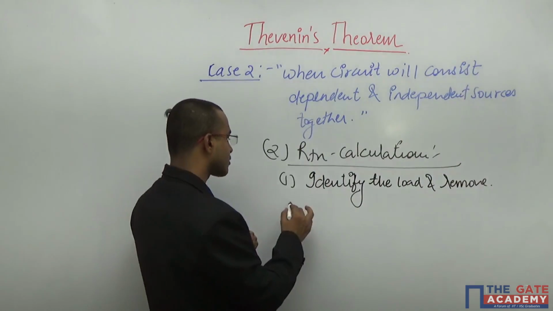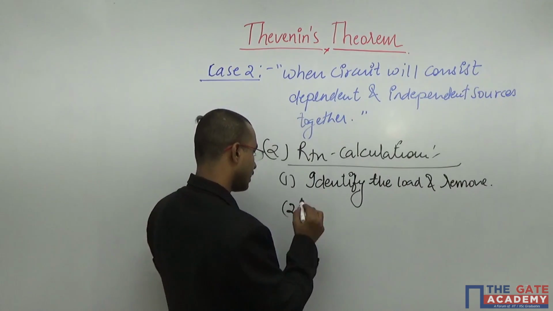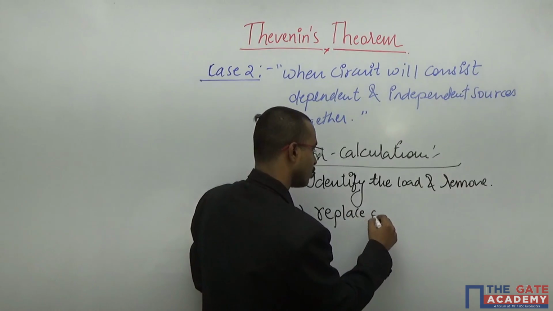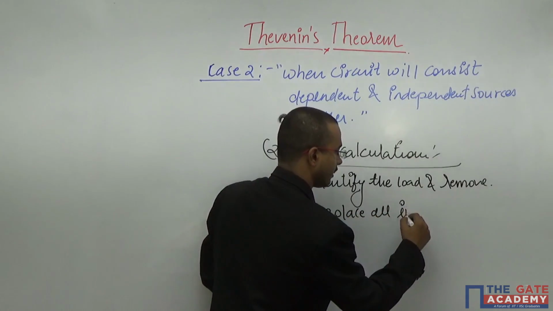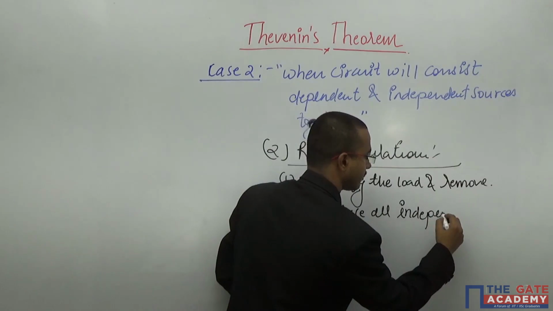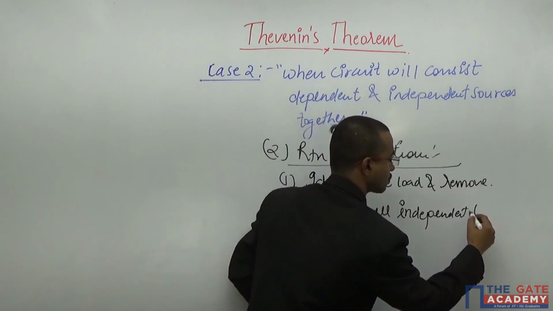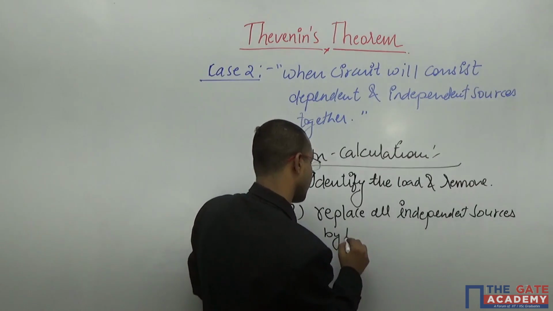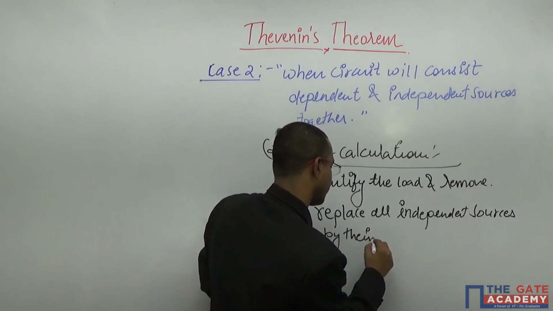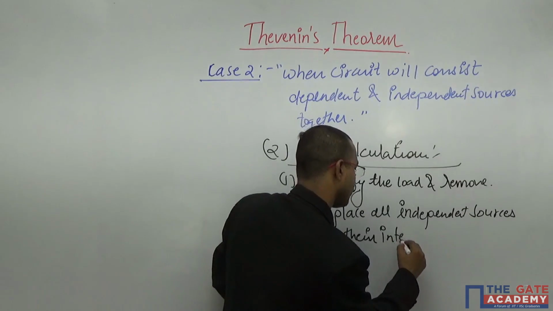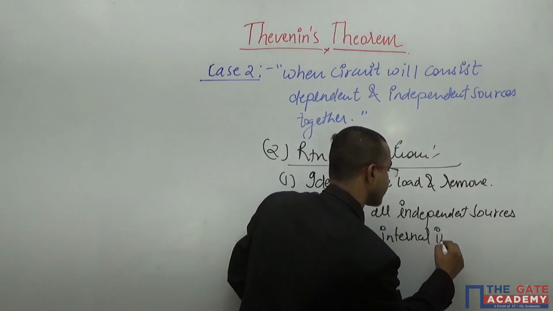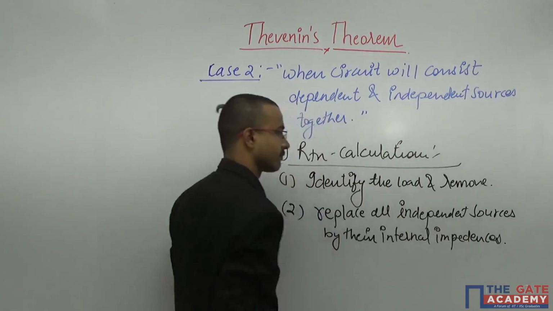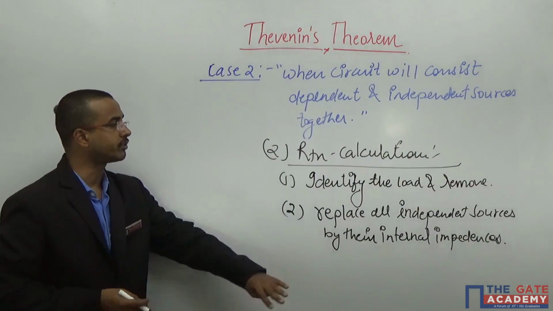The second one is also the same: remove or replace all independent sources by their internal impedances. Up to here the procedure is the same.